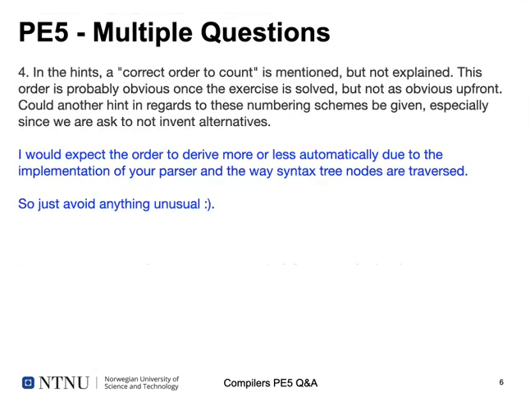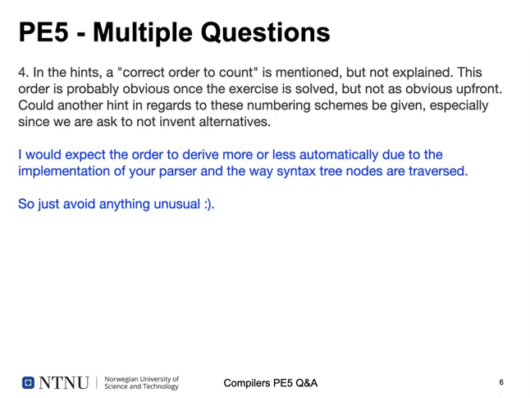And another question was about the correct order to count, which is mentioned but not explained. Yeah, we thought that would be natural. So essentially, when you walk the syntax tree, you generate in the usual order, then you get a natural sort of numbering.